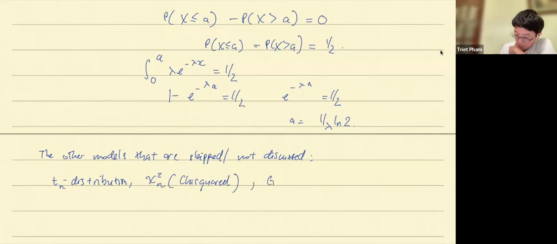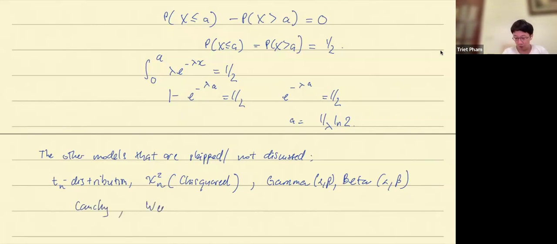There's a gamma distribution, there's a beta distribution. Gamma has some parameters alpha, beta. There's a Cauchy distribution. And then your textbook mentioned the Weibull and the Pareto distribution.